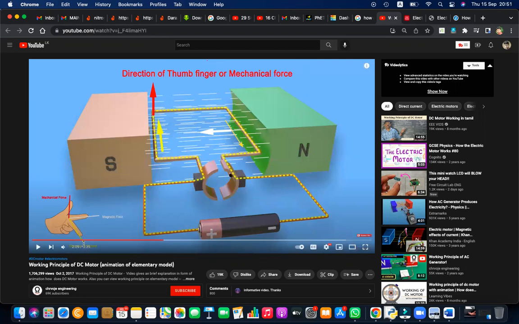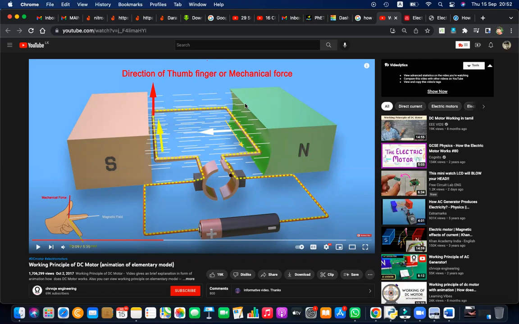Direction of current this way. Then the magnetic field is from here to here, and then the force is upward. So this is going this side, and then it's the other way, right? Then you have to keep your finger, then rotate like this, and it rotates the other way.